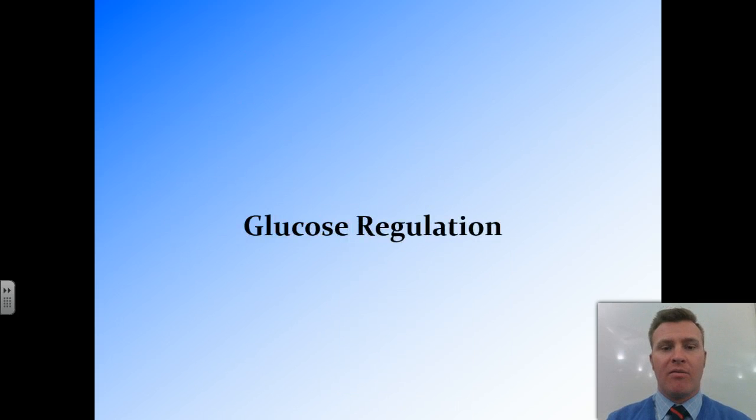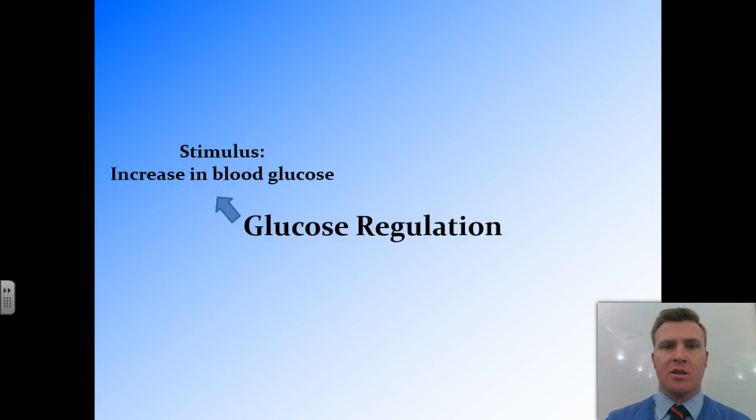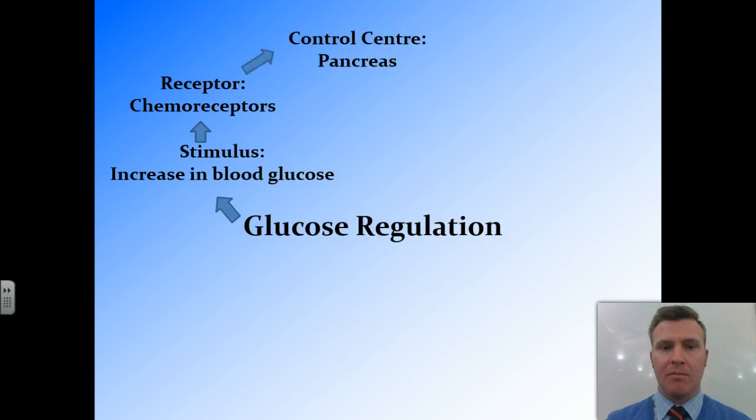We'll now have a look at the feedback loop related to glucose regulation. So the first one is the increase in blood glucose, whether from eating or from an inability for the body to regulate itself properly. The chemoreceptors are the receptors that recognize that there is too much glucose in the blood. The control center in this case is the pancreas, and to an extent also the hypothalamus.